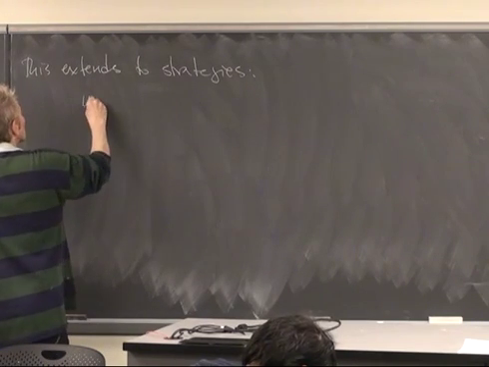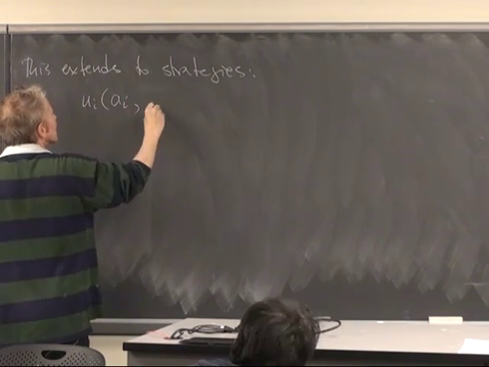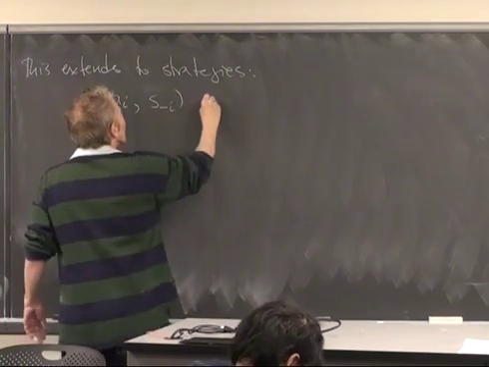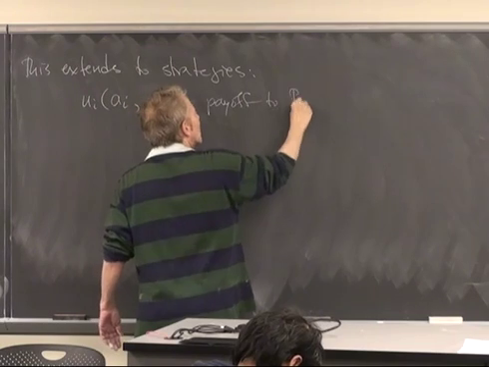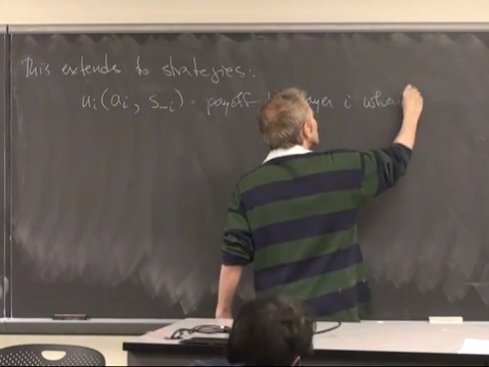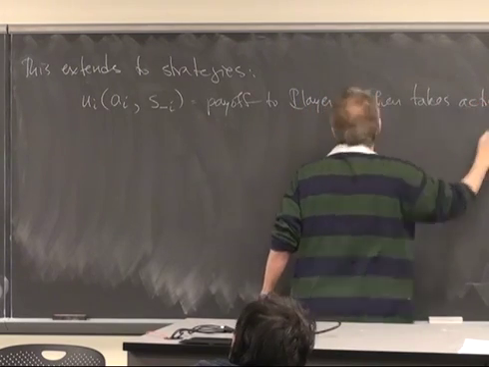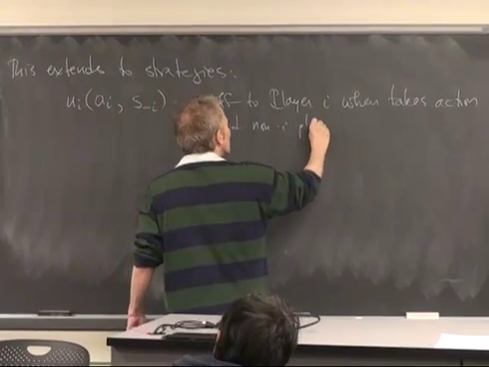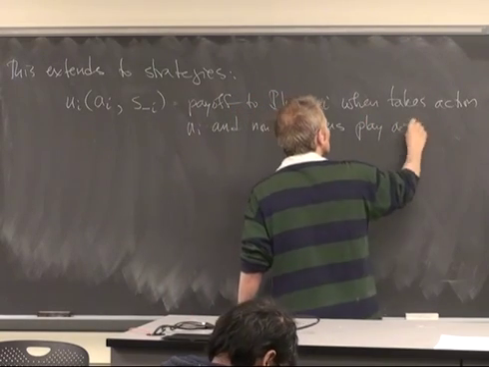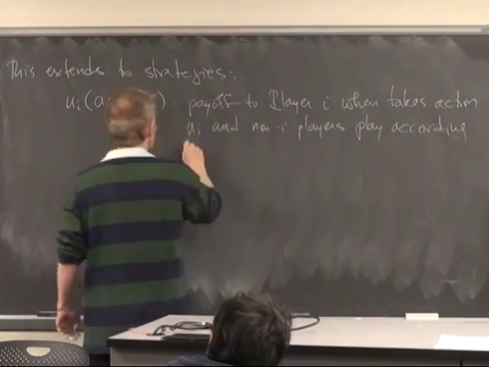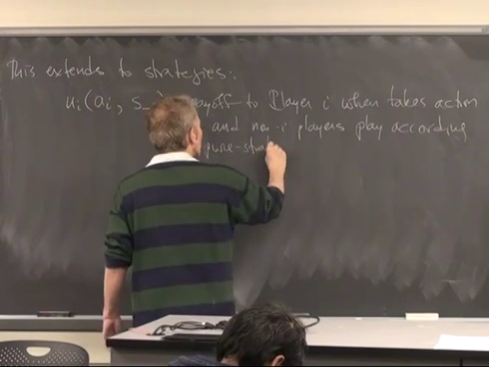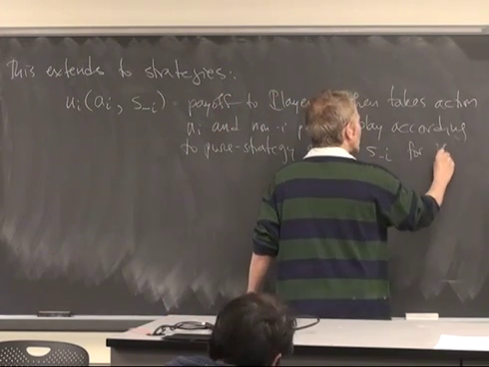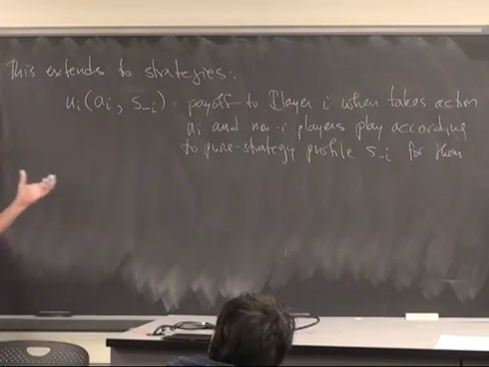You have things like U sub I of AI against, say, S minus I. That's payoff to player I when he takes action AI and others, the non-I players, play according to pure strategy profile S sub minus I for them. So this is going to be like a list of n minus 1 pure strategies.